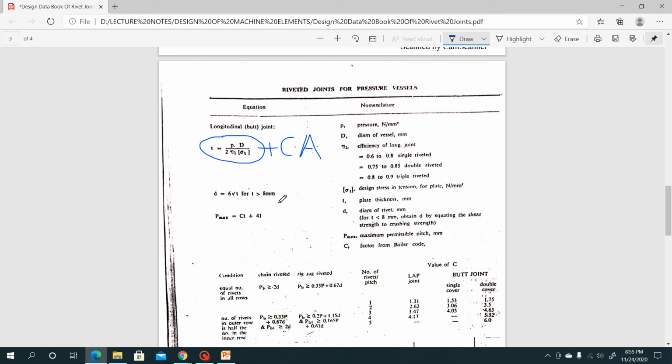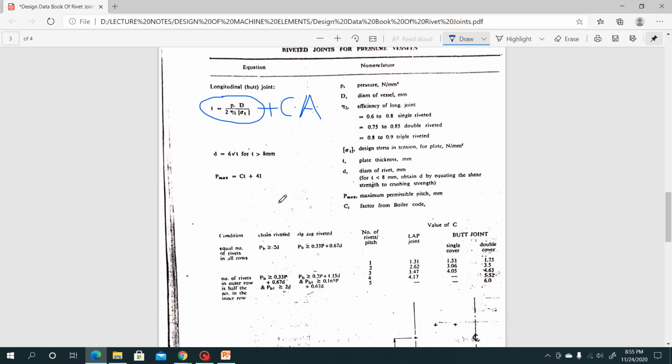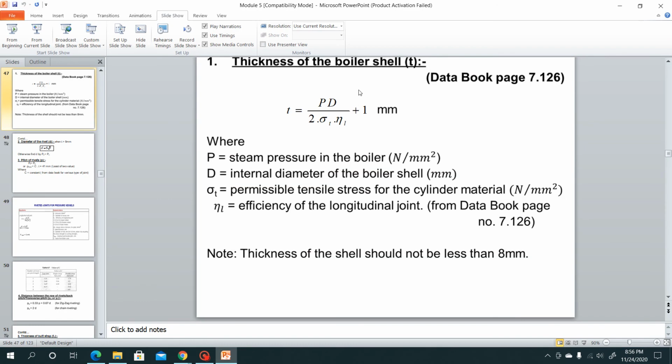It is the additional or extra metal thickness that is added on the boiler shell to withstand internal pressure. And this corrosion allowance lies from 1 millimeter to 2 millimeter. In between 1 and 2 millimeter you can take any value. Minimum limit is 1 millimeter and maximum limit is 2 millimeter.